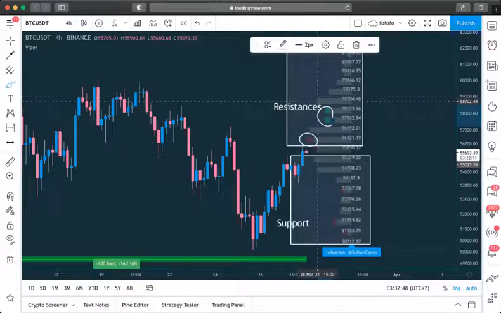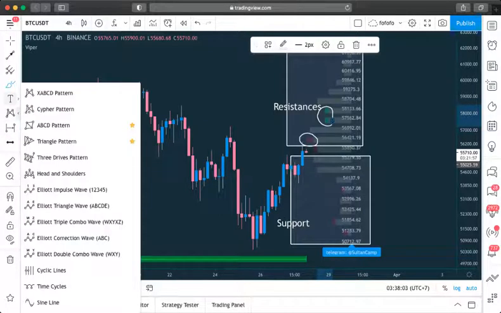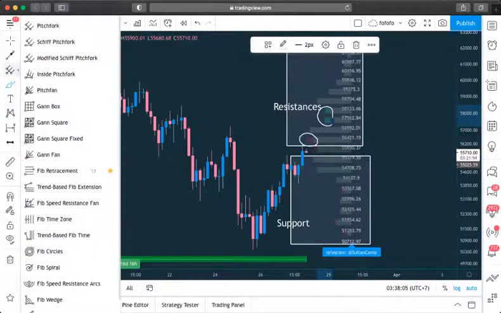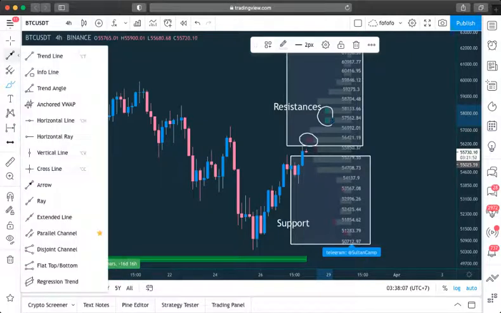But if there is no green or red, that means buying and selling are almost equal in that market. So we can find more detail about the market at the current bar.